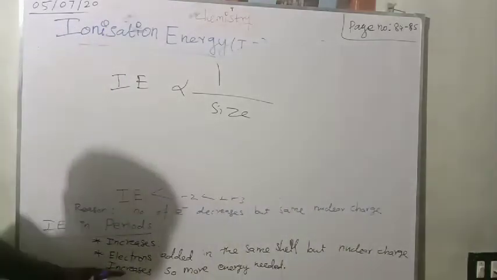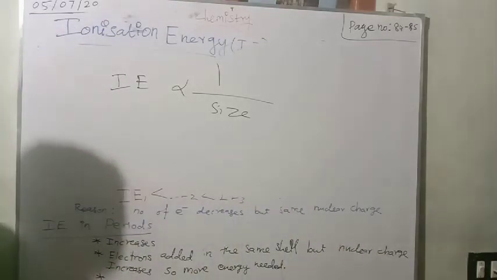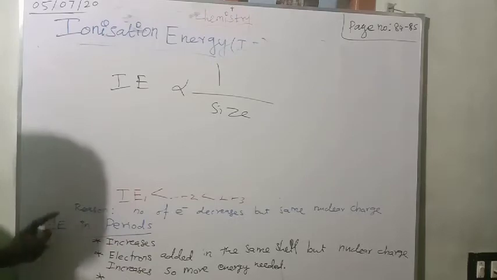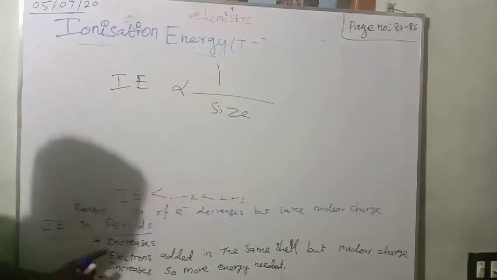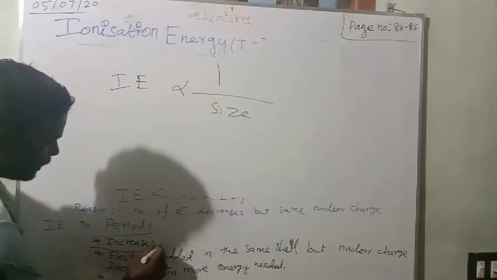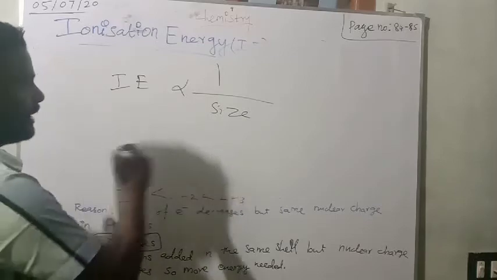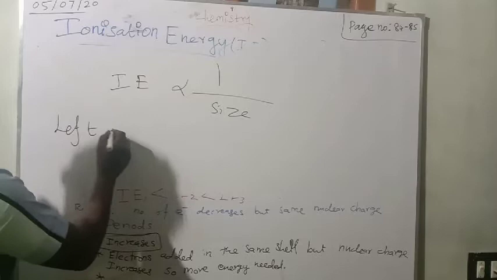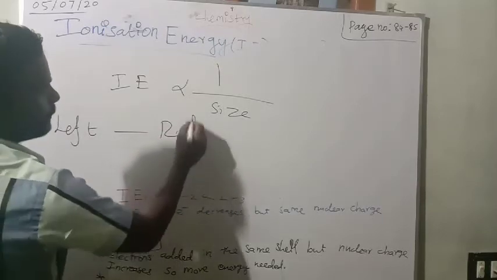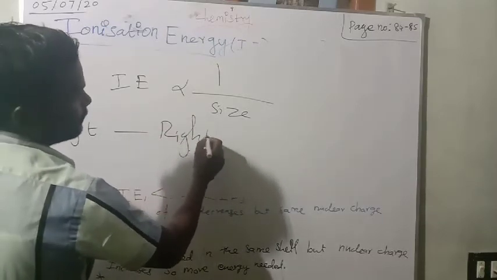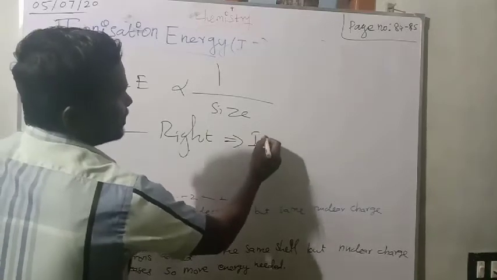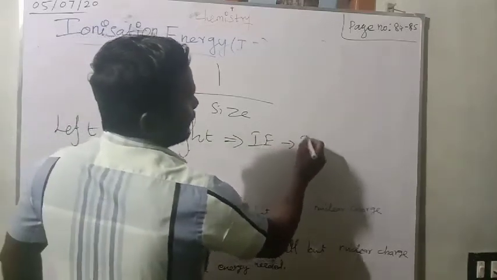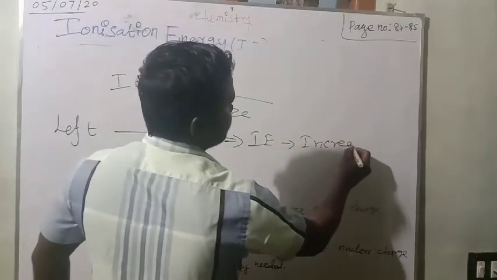And also we can read the book definition or book explanation. Ionization energy in period increases. This is a very important one mark. Ionization energy period wise. Period wise means left to right. Left to right, what will happen? Ionization energy will increase.